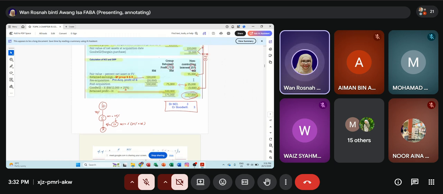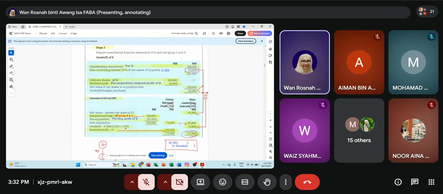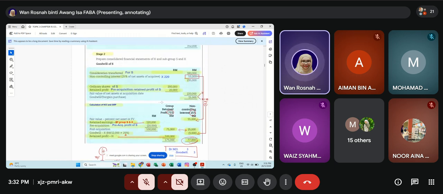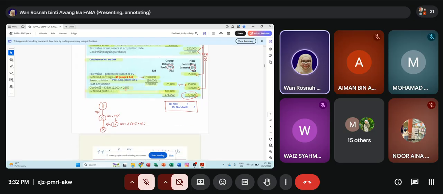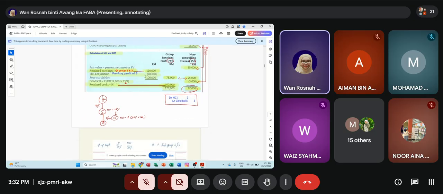But if you are comfortable to use this kind of method, it's up to you. Okay, I have to go through the acquisition of S by H, 180,000.